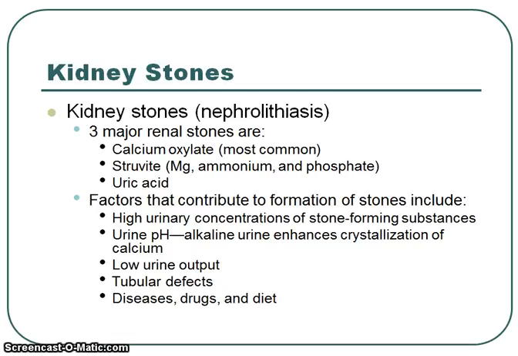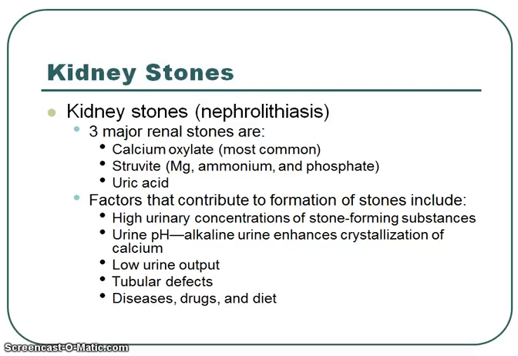Some things put people at high risk for kidney stones. There are things that contribute to the formation of stones. High urinary concentration: if you have any of the stone-forming components in the urine, then they're more likely to form into a stone.